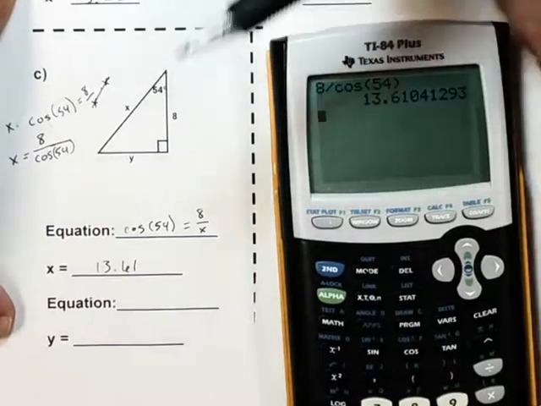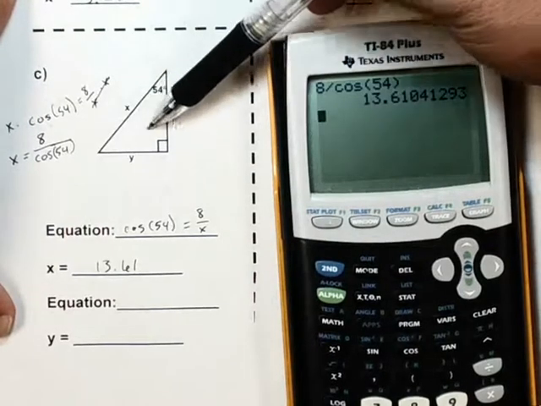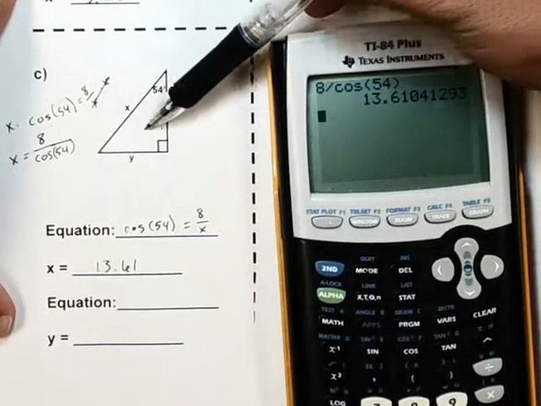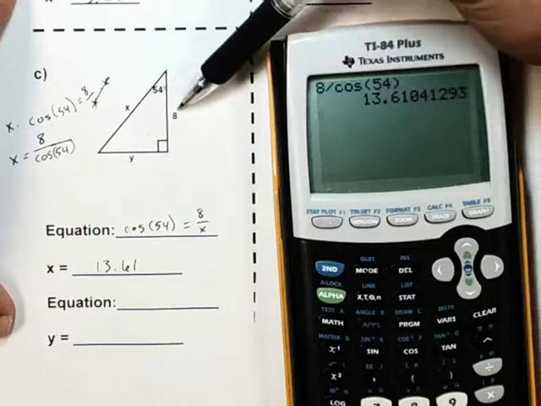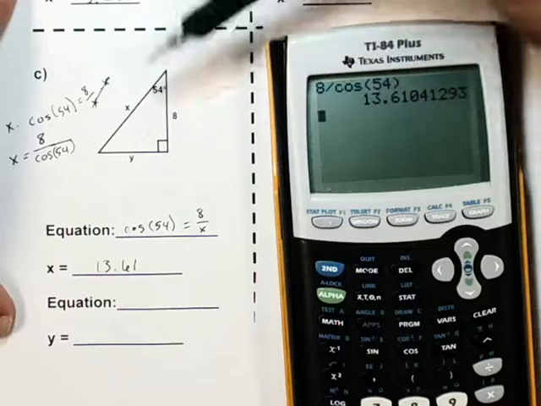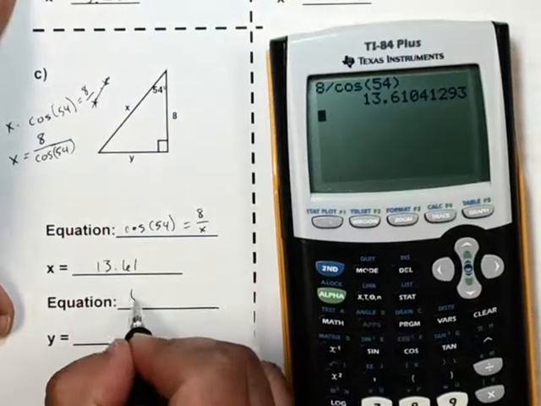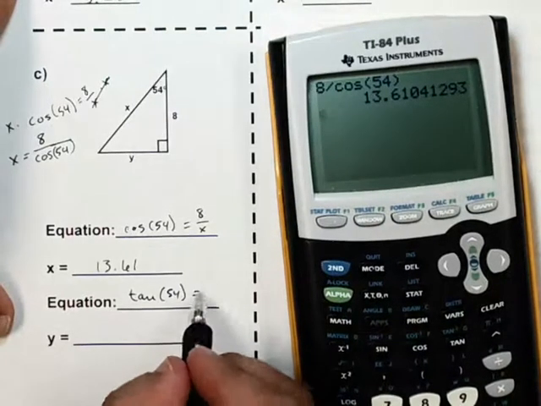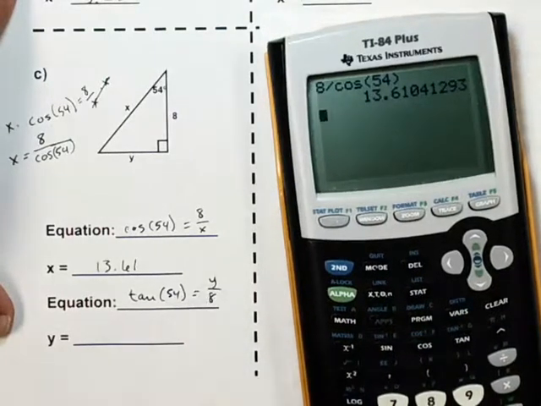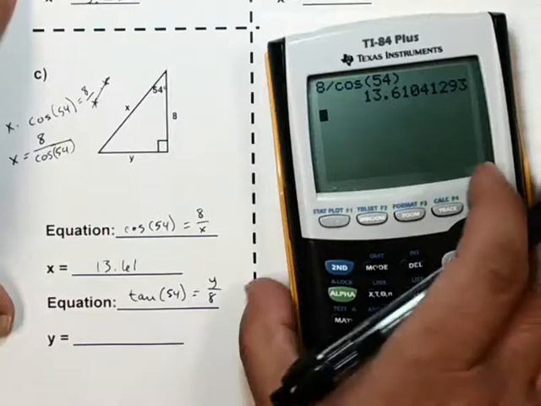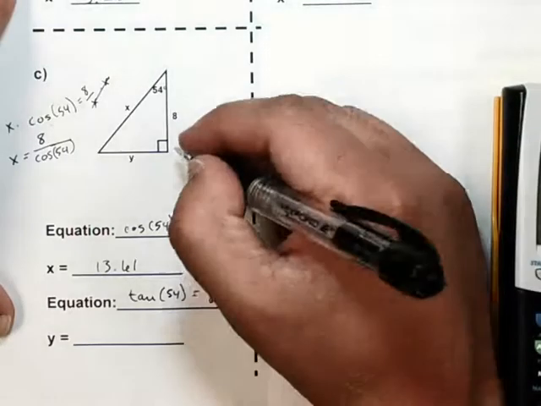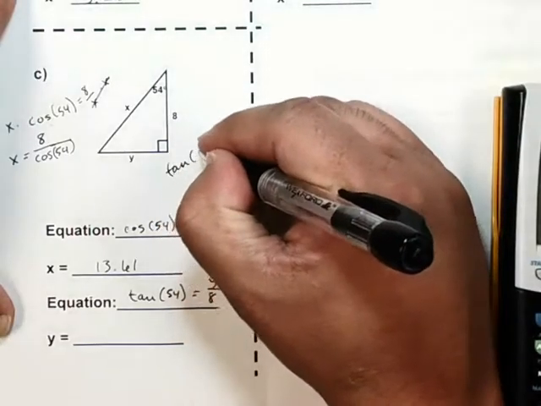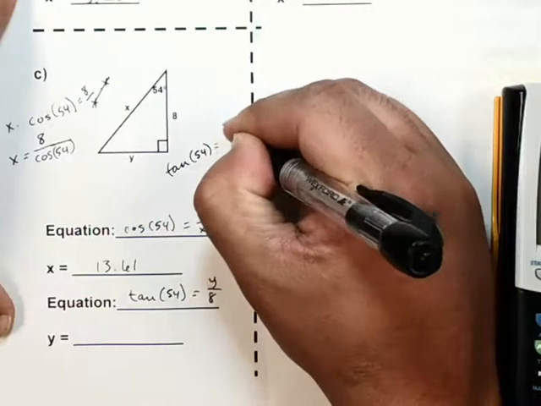Right, and then y is opposite the 54, and the 8 is still coming into play. So I'm going to use the tangent of 54, and that's going to be opposite over adjacent. Okay, so again, to solve for y, tangent of 54 is equal to y over 8.